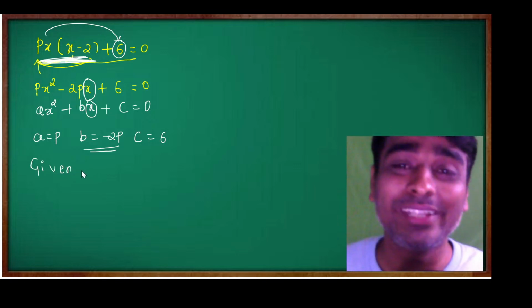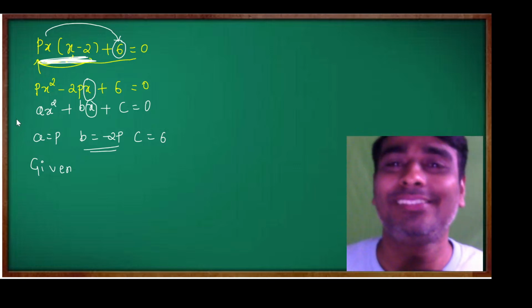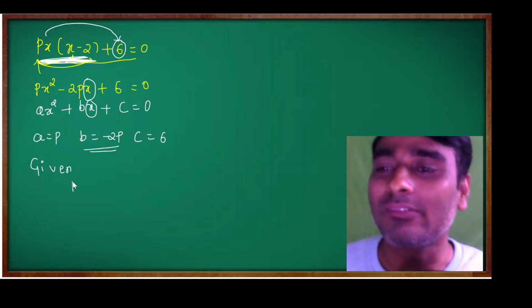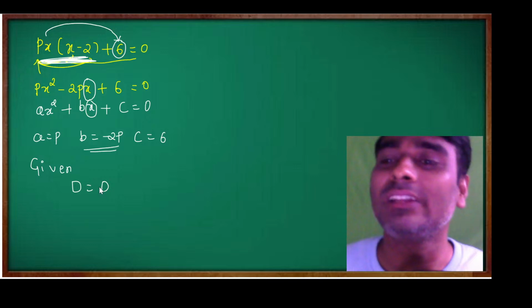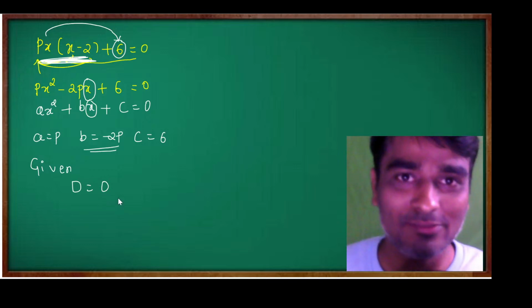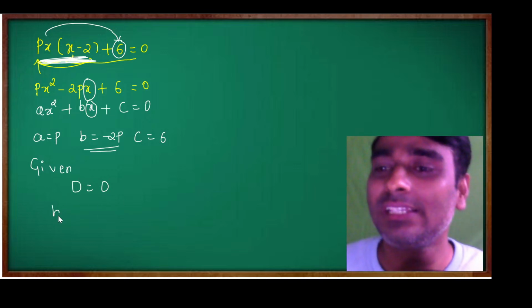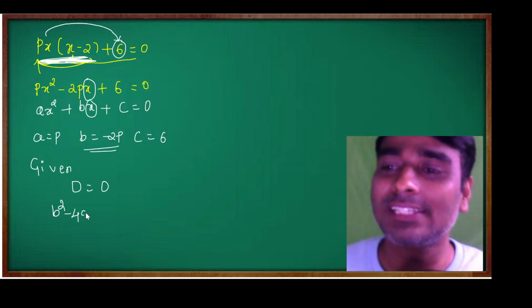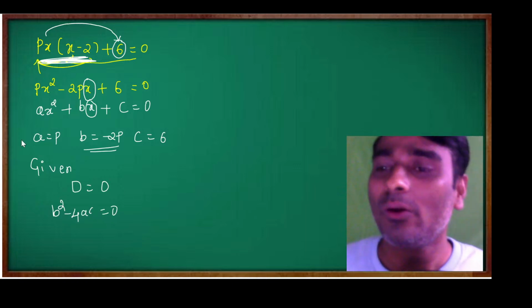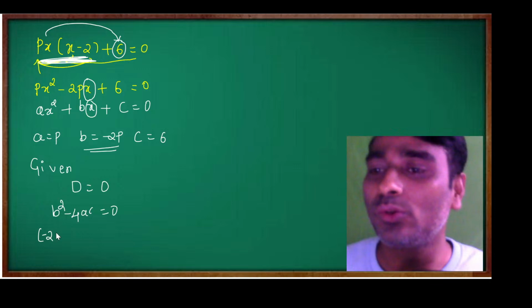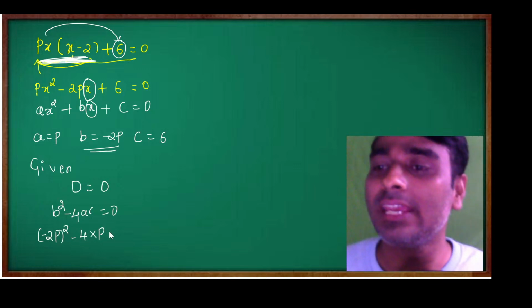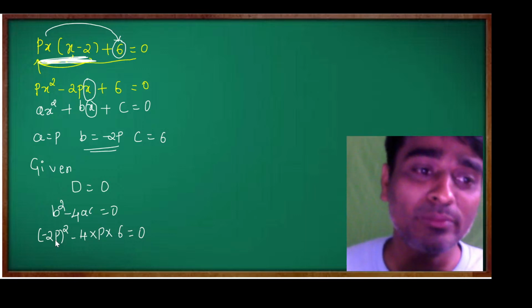What is given to you? They have given you that the roots are equal. If the roots are equal, then the discriminant will be 0, given D equal to 0. So b squared minus 4ac equal to 0. What is b? Minus 2p whole squared, minus 4 into p, a is p, into c is 6, equal to 0. Don't make a mistake here.